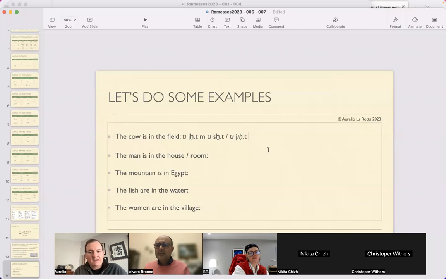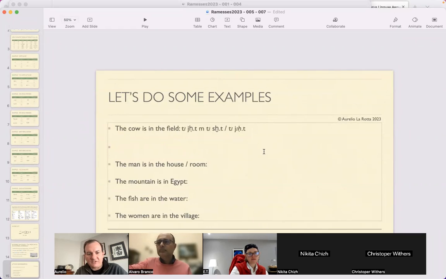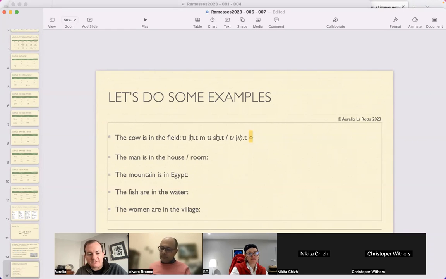All right. Let's see if we can do this one in hieroglyphs. So let's use the T. Nice thing, you can actually spell this. Yeah, that's a really nice thing about this conversion. You can just type things in, and it will automatically convert it for you.